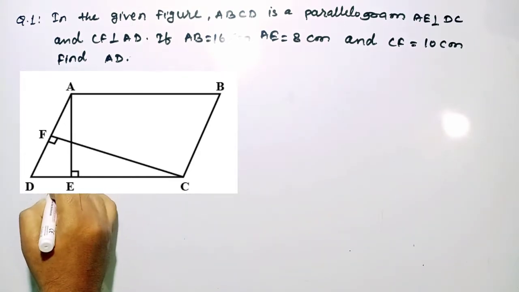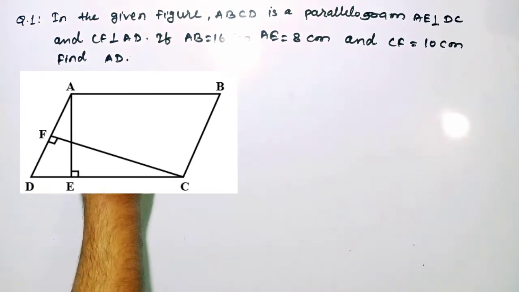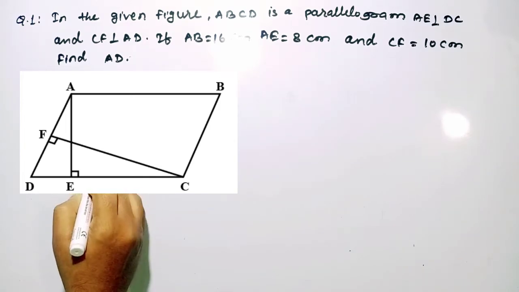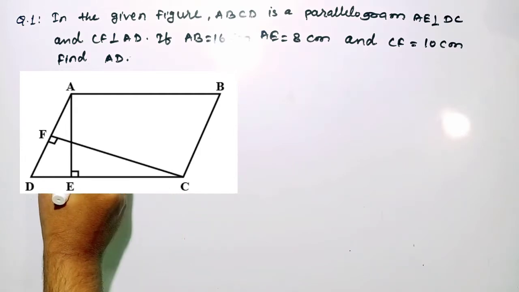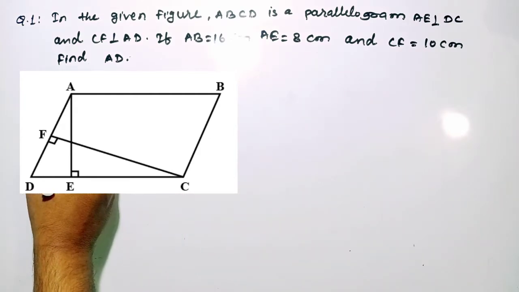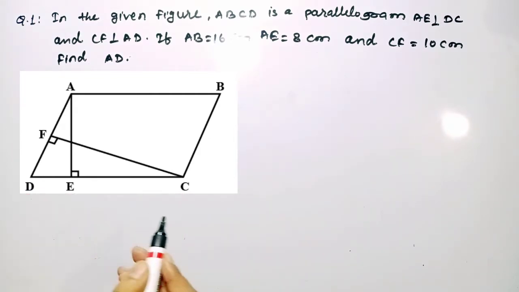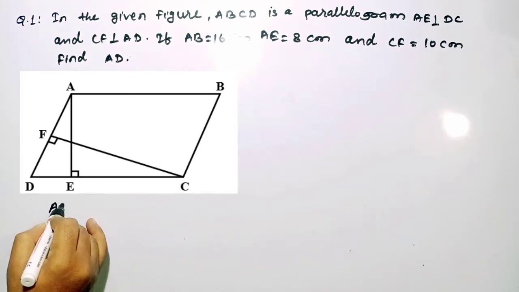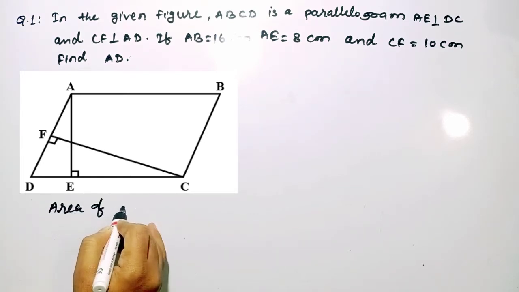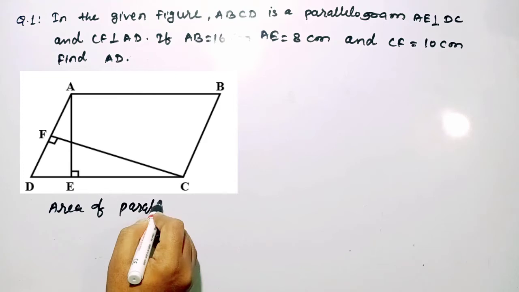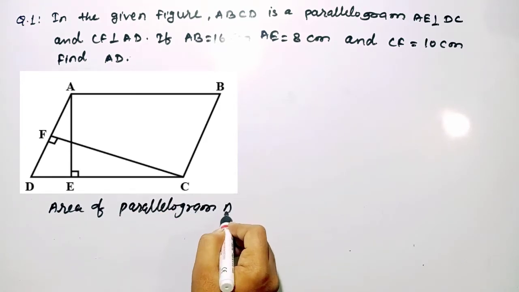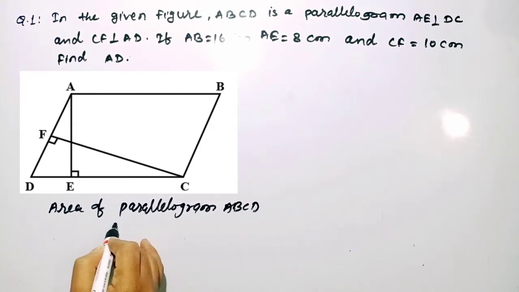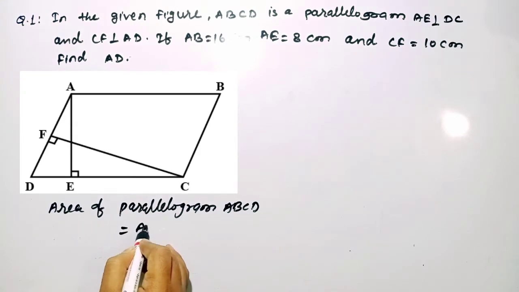Drawing the figure here, according to the question, ABCD is a parallelogram, AE is perpendicular on DC and CF is perpendicular on AD. What is the formula to find the area of a parallelogram? Base into height. We want to find the area of parallelogram ABCD.